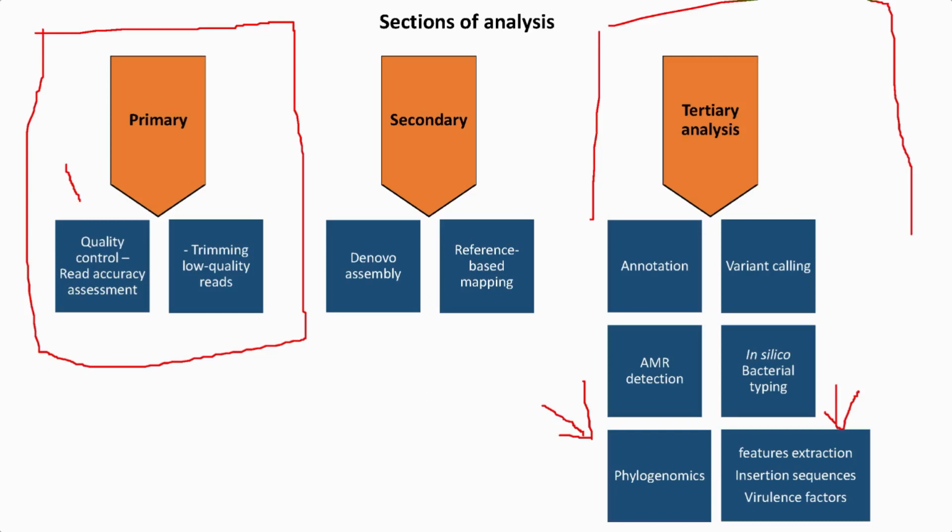It includes annotation. Annotation is very important because we need to know what these reads are, what the genes are, and where they are located. Then we do variant calling to know if there are mutations, and then we do AMR detection, where we want to find out if the particular pathogen is carrying some resistance gene, if it has acquired resistance.